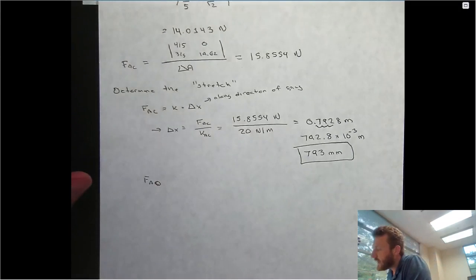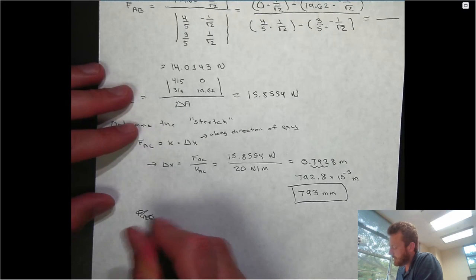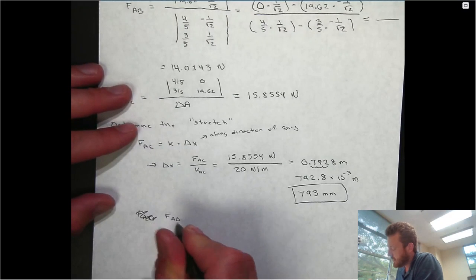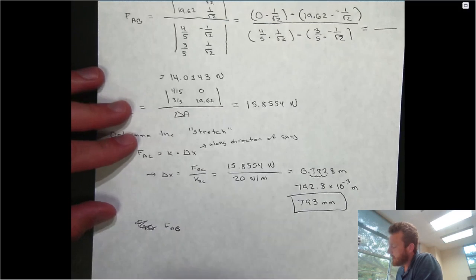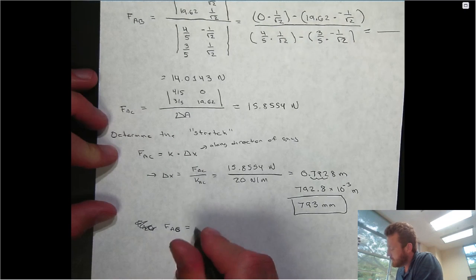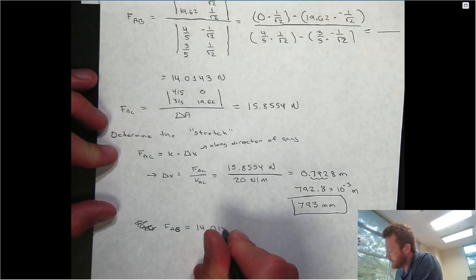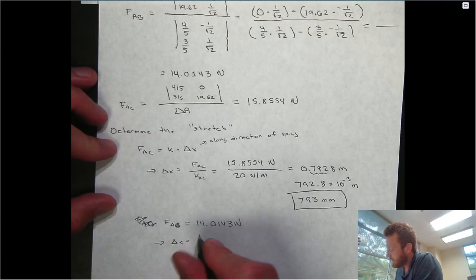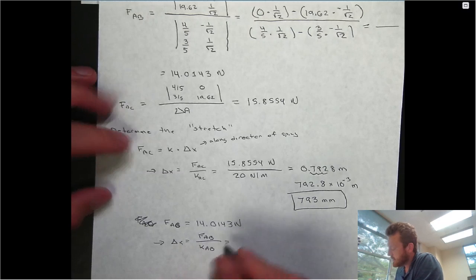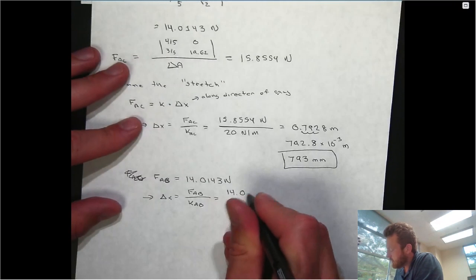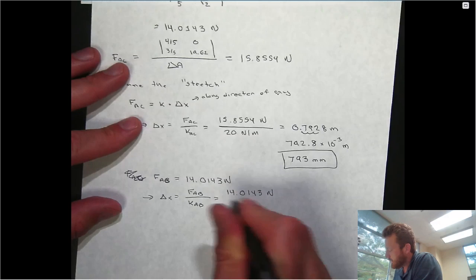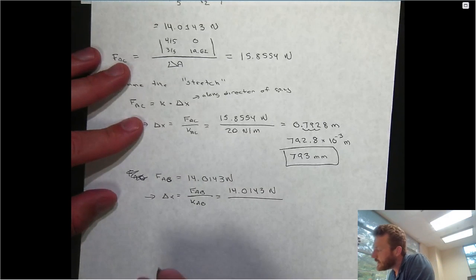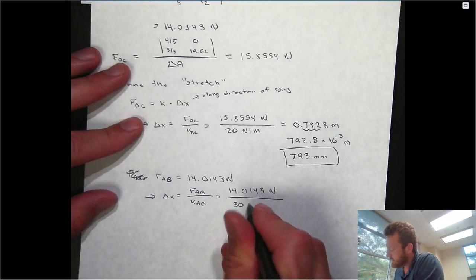For the spring FAD, so we know that, let's actually do FAB first, since that was the other one that was obvious that we computed. We determined FAB, the force, to be 14.0143 newtons, and we know that the displacement of that spring will be FAB divided by whatever KAB is, so it will be 14.0143 newtons divided by that spring constant, which is 30 newtons per meter.